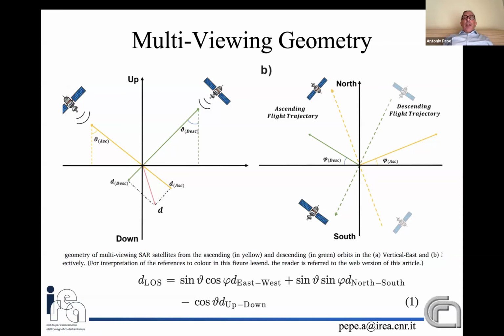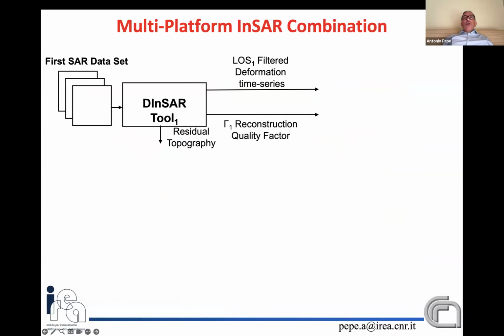But in general, we can also integrate complementary information from the satellite and from the ground. And so in general, this equation represents the starting point of the following analysis. It is derived from basic trigonometric, basic geometrical considerations.